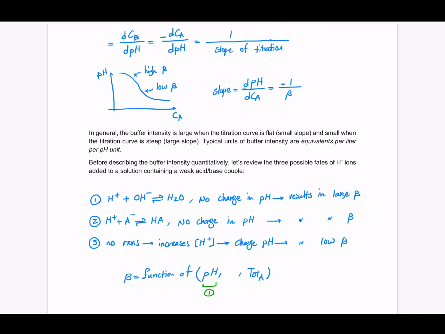So this is also a function of the total concentration of acid that you have in the system. What else is missing? So let's put it this way. If we have solution 1, pH 12, 1 millimolar of acetic acid, and we have solution 2, the same pH, the same concentration of weak acid, but this time we have ammonia. Do they have the same buffer intensity?